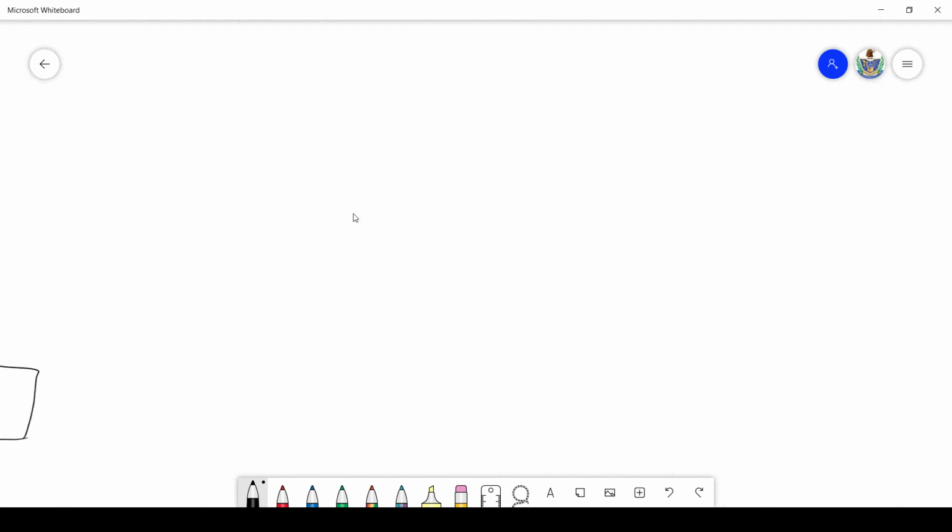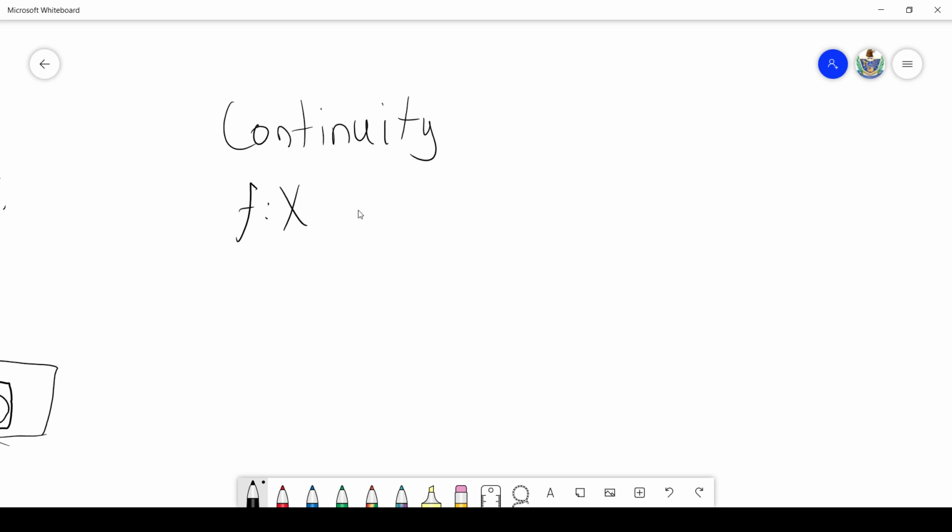All right, so now we have to talk about continuity, when we have functions between two topological spaces. If we have a function between X and Y, where X and Y are both topological spaces, what does it mean to be continuous?